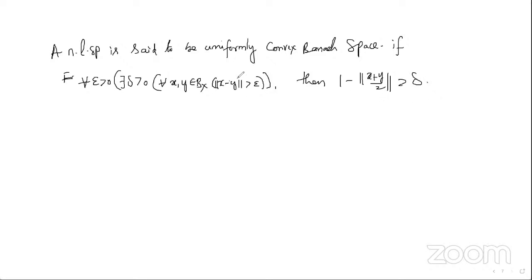If such a thing can happen, we say that our space is a uniformly convex Banach space.